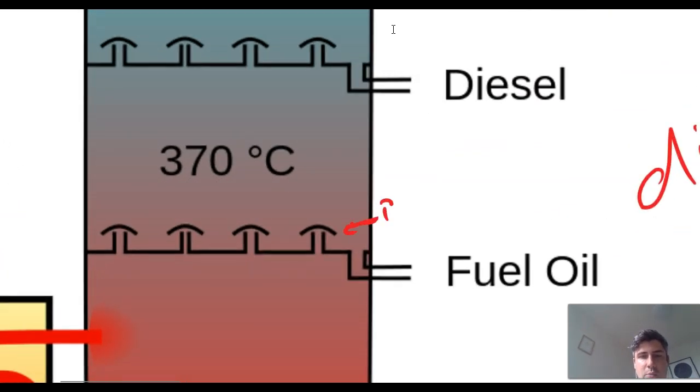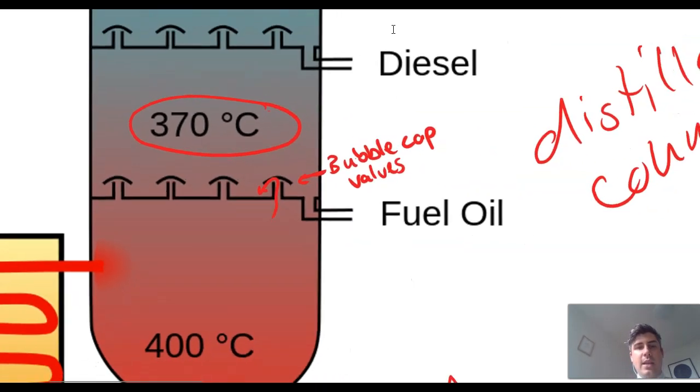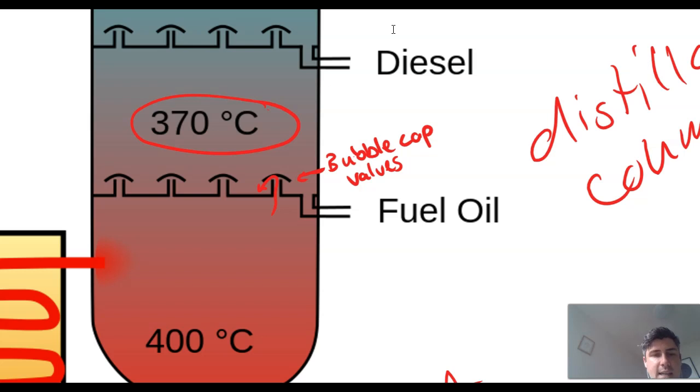These are actually called bubble cap valves. And they travel up and into the next one, only if their boiling point is matching with the temperature in that particular section. So if their boiling point is higher than that, it can't make it up the column, so it just stays in here.